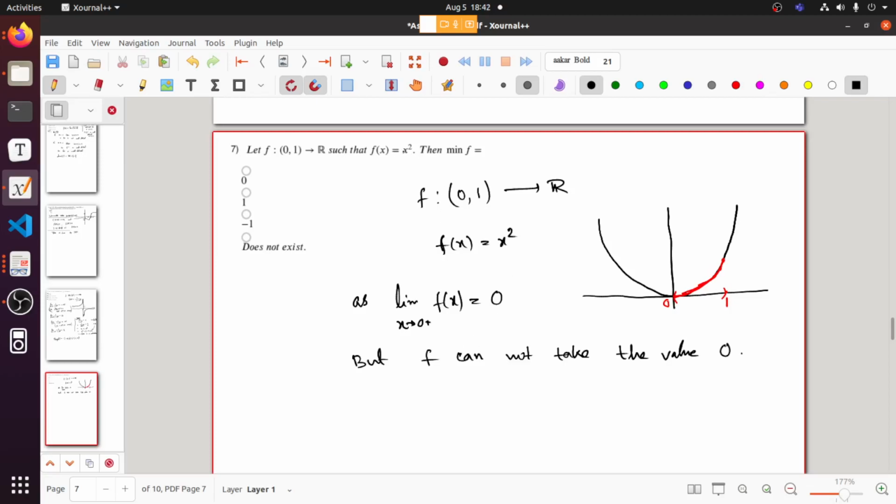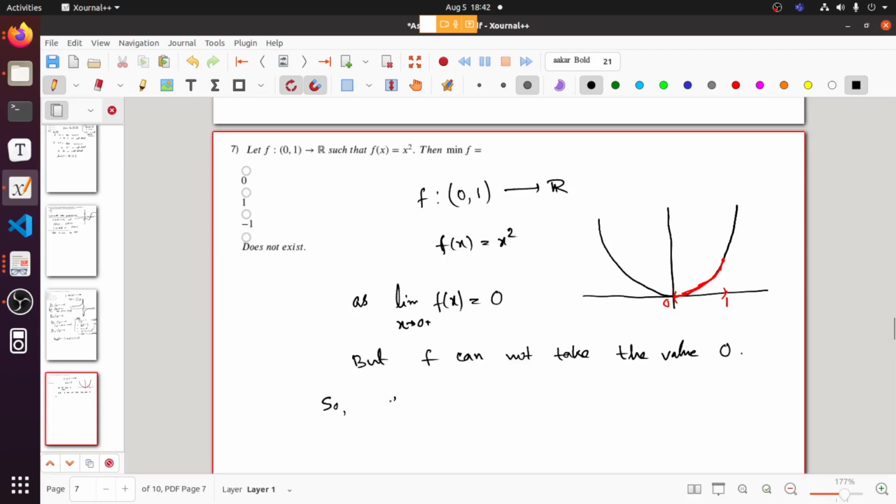Here the function is continuous, but note that the domain is open (0,1). It is not closed. There is a theorem: a continuous function on a compact set always attains the minimum and the maximum. But here the domain is open, so it is not closed, meaning it is not compact, so it does not have a minimum.